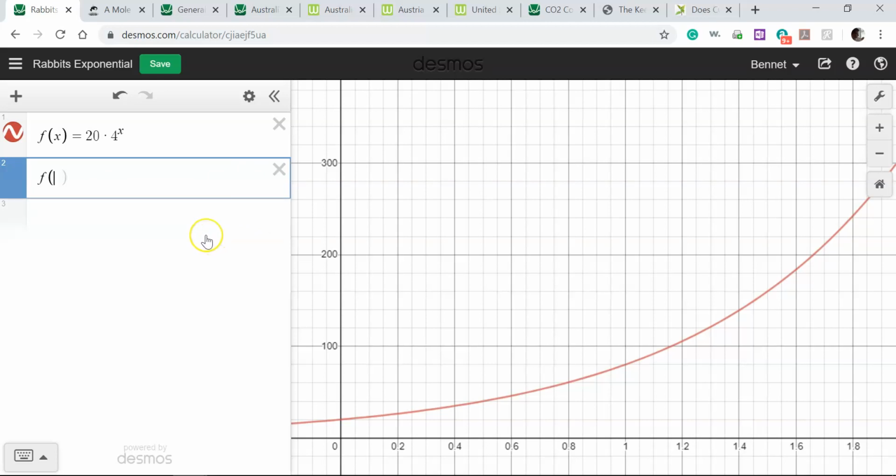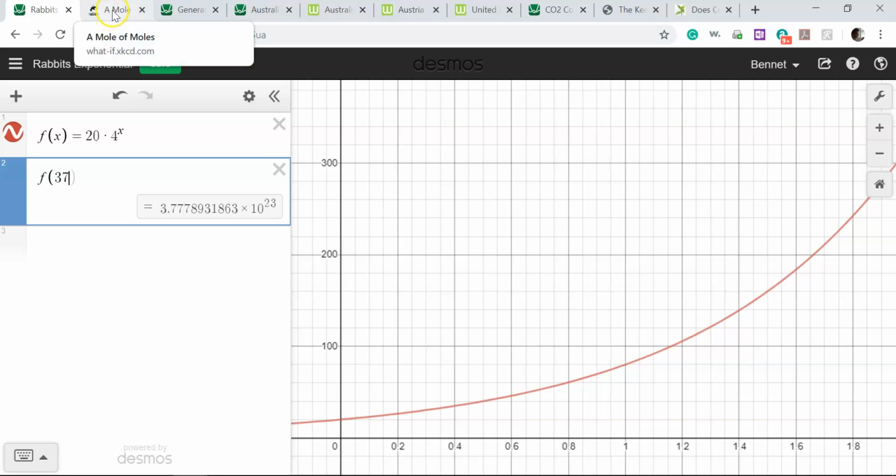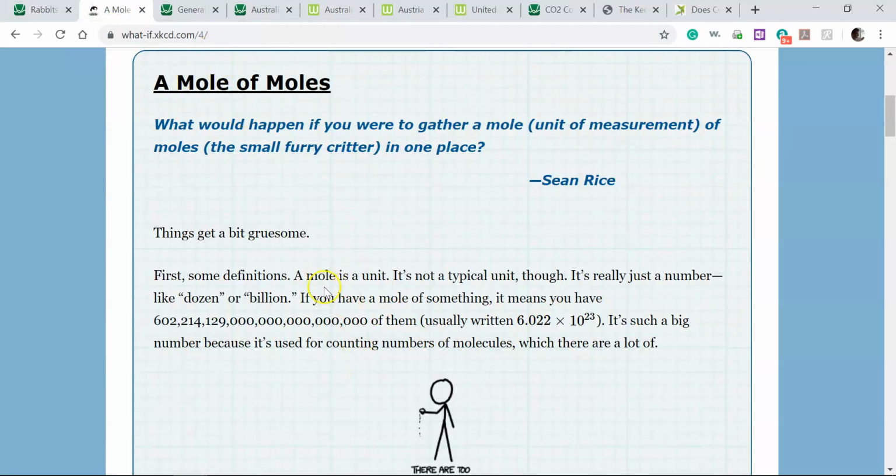And if you take it off to something absurd, say 37 years, you end up with 3.77 times 10 to the 23rd rabbits. There's an XKCD that discusses roughly this many, not rabbits, but moles. The question somebody asked was, what would happen if you had a mole of moles, Avogadro's number, 6.02 times 10 to the 23rd?